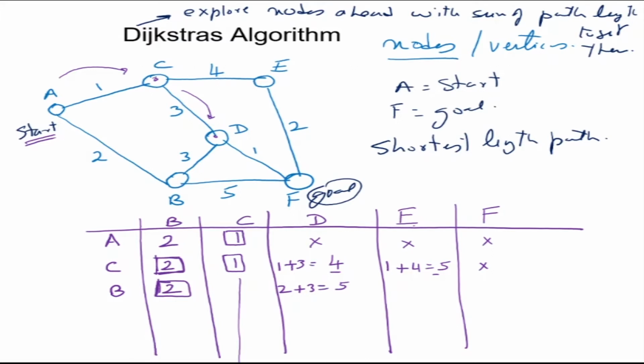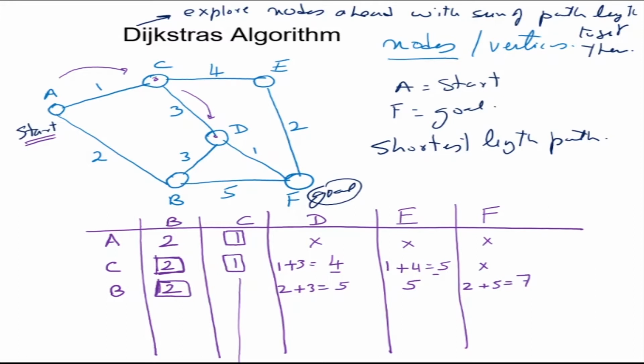Previous column is saying that the path to E is 5, so I bring 5 down. Please note this. Now what about from B to F? From B to F, you can go from B to F. You have already traveled. A to B is 2 and B to F is 5, so that's 7.